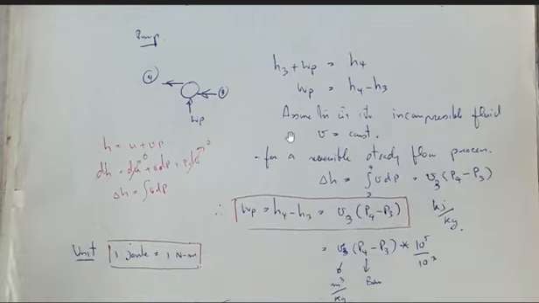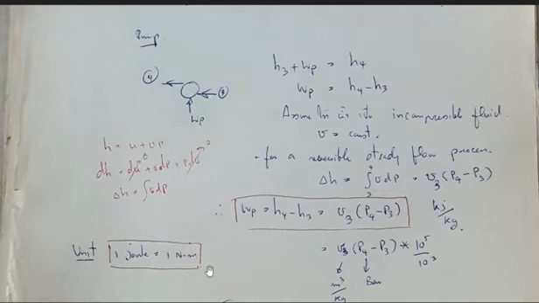Okay. If we assume the water to be an incompressible fluid, it cannot be compressed, so the specific volume of the water is constant. And for what we call a reversible steady flow process, the change in enthalpy will be equal to the specific volume multiplied by the change of the pressure, which is P4 minus P3.